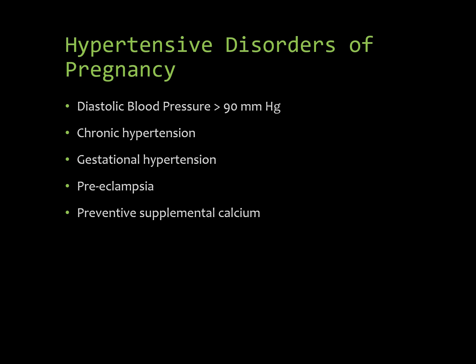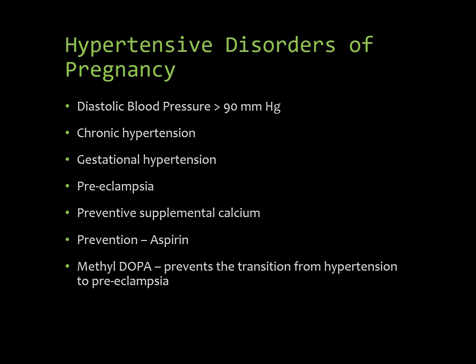It has been shown in certain studies that for women who have a history of preeclampsia or a family history of preeclampsia, it is better to provide supplemental calcium during pregnancy to reduce the incidence of preeclampsia. Aspirin also has shown a little benefit in preventing preeclampsia. When the hypertensive disorders are diagnosed, the first drug of choice is methyldopa.